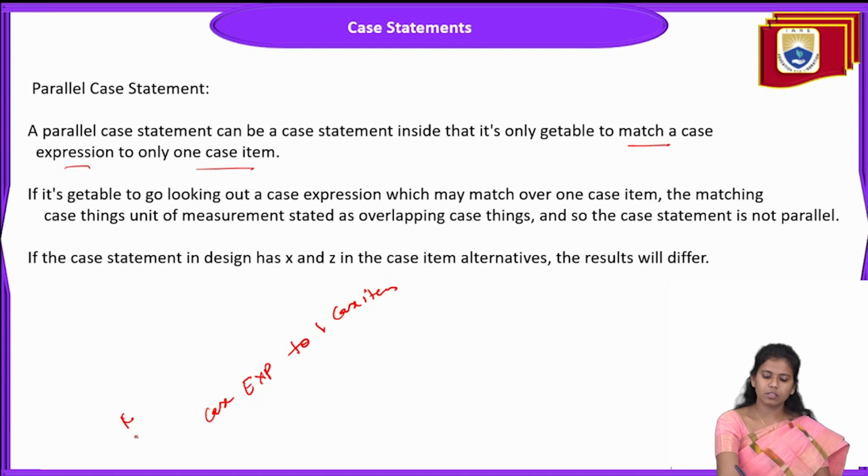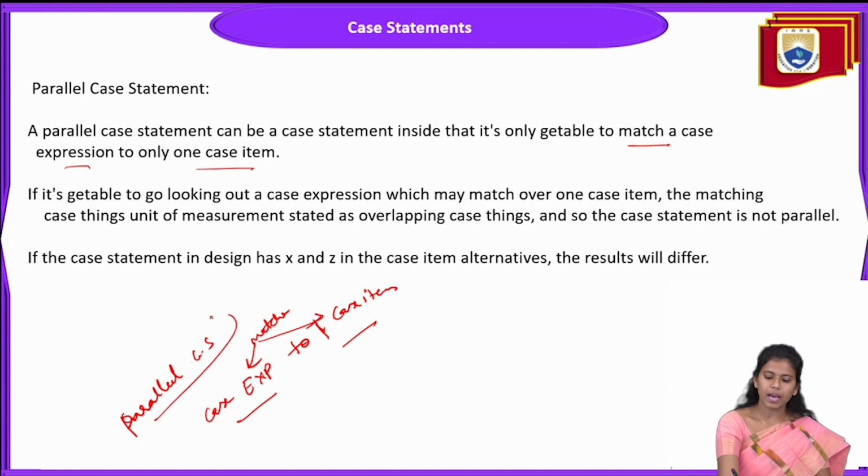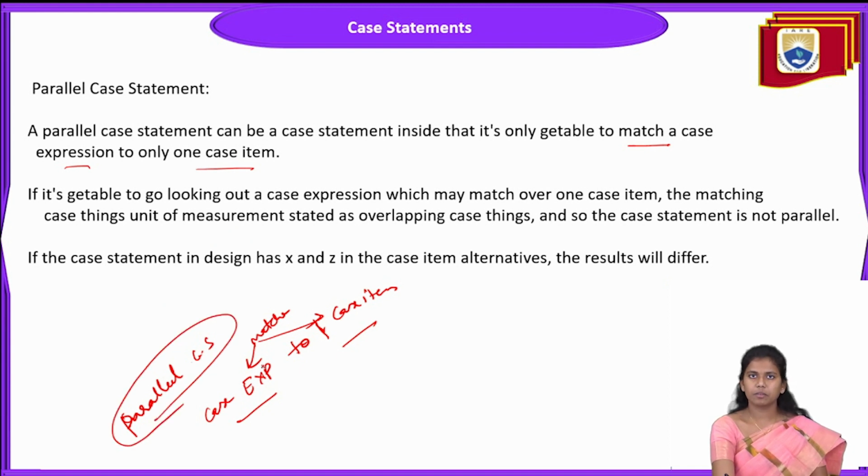A parallel case statement is a statement that must match the case expression with only one case item. Okay, if it is matching the case expression with respect to only one case item, then we are calling it a parallel case statement.